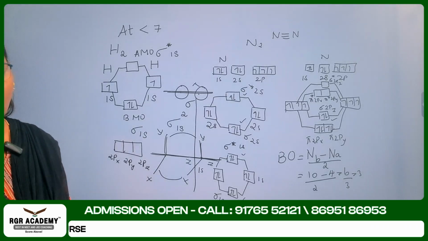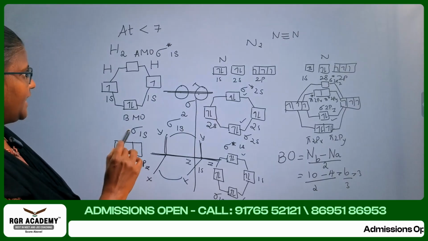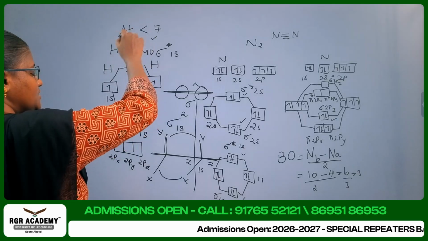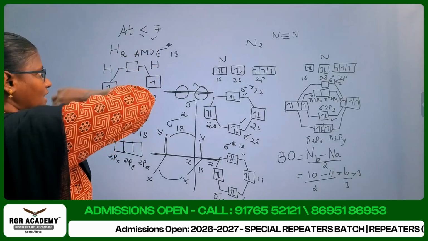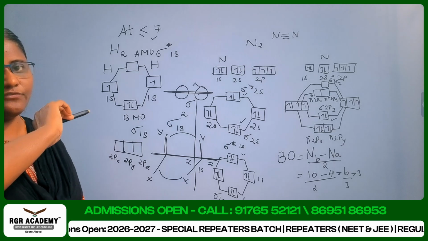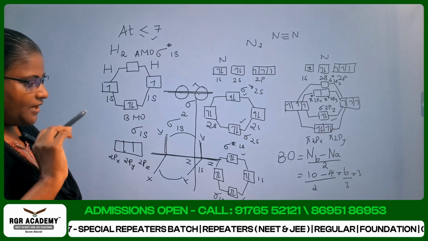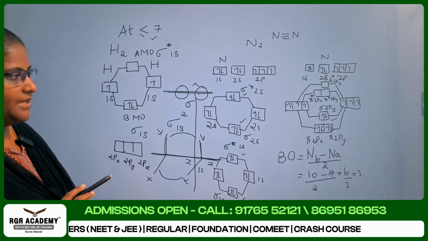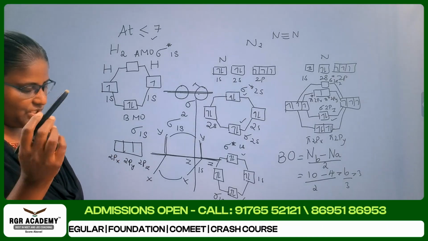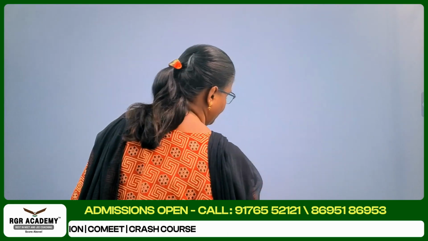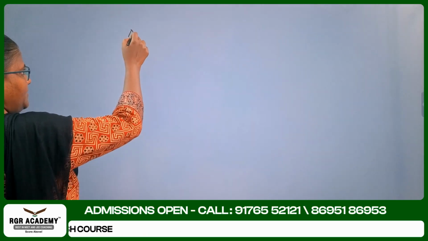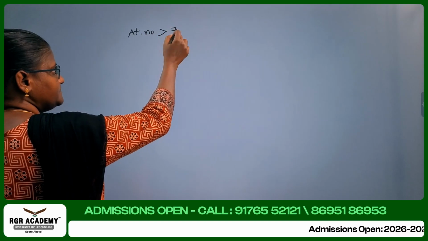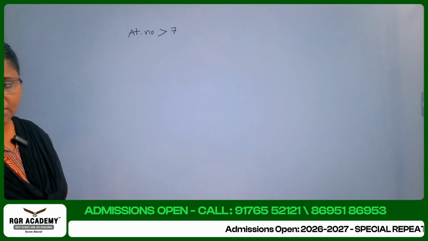Similarly, if you want to draw the MO picture for the elements which have an atomic number the same as or less than 7, you have to follow this. If the atomic number is greater than 7, then you have a slight change here. What is the change? Shall we consider oxygen then?